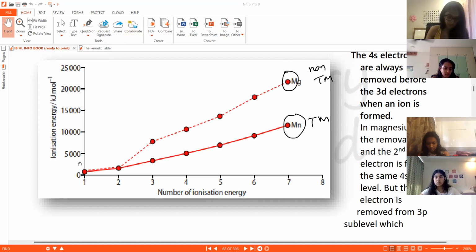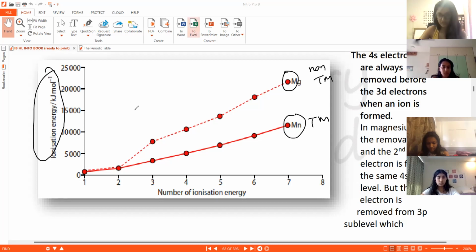So you can focus on the successive ionization energies in magnesium.